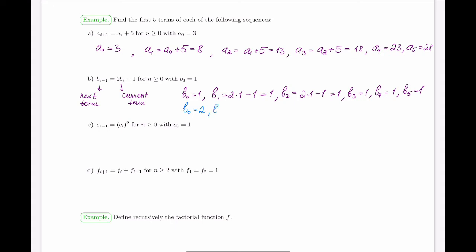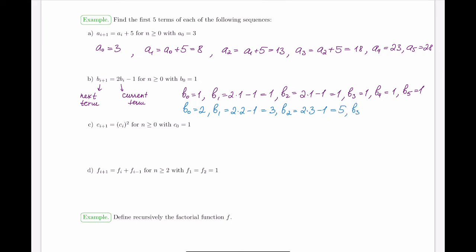So, again, verbally, the next term is the current one times 2 minus 1. 4 minus 1 is 3. Okay, we're already seeing something quite different from what happened before. Let's see, B2. The next term is the current term, which is 3, multiplied by 2 minus 1. 6 minus 1 is 5.